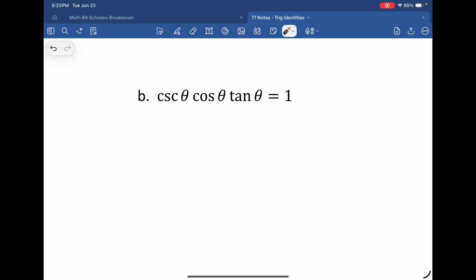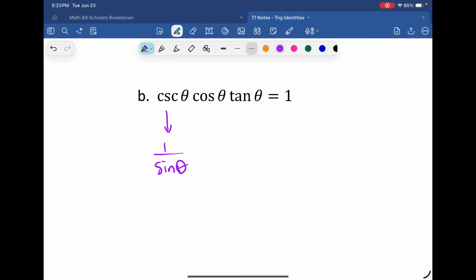Okay, doing the same idea here. We've got cosecant, cosine, tangent equals 1. Obviously, this is the more complicated side. That's where we're going to start. And ideally, because they're all mixed trig functions, you want to change to sine and cosine. Cosecant is 1 over sine. Cosine, I'm not going to change except by putting it over 1.